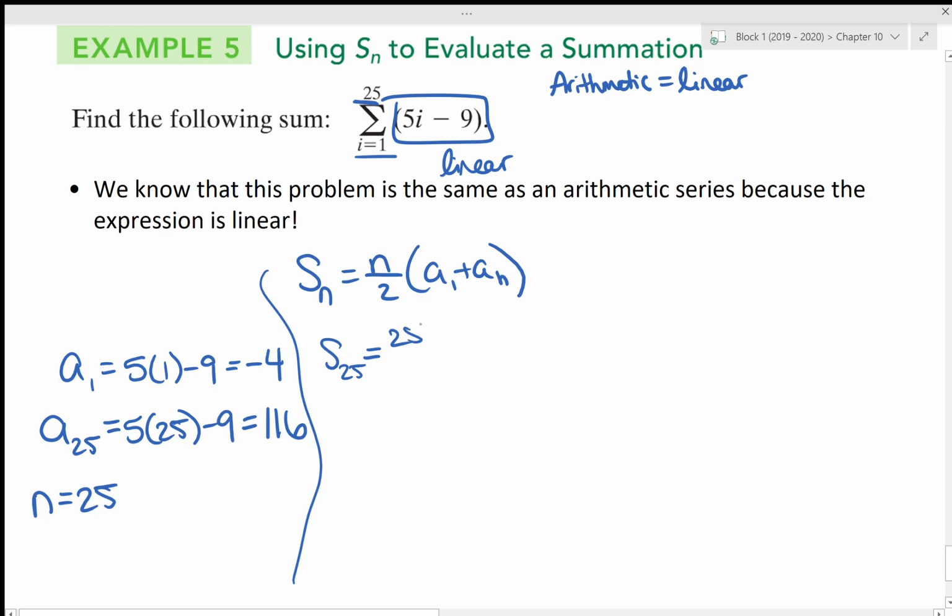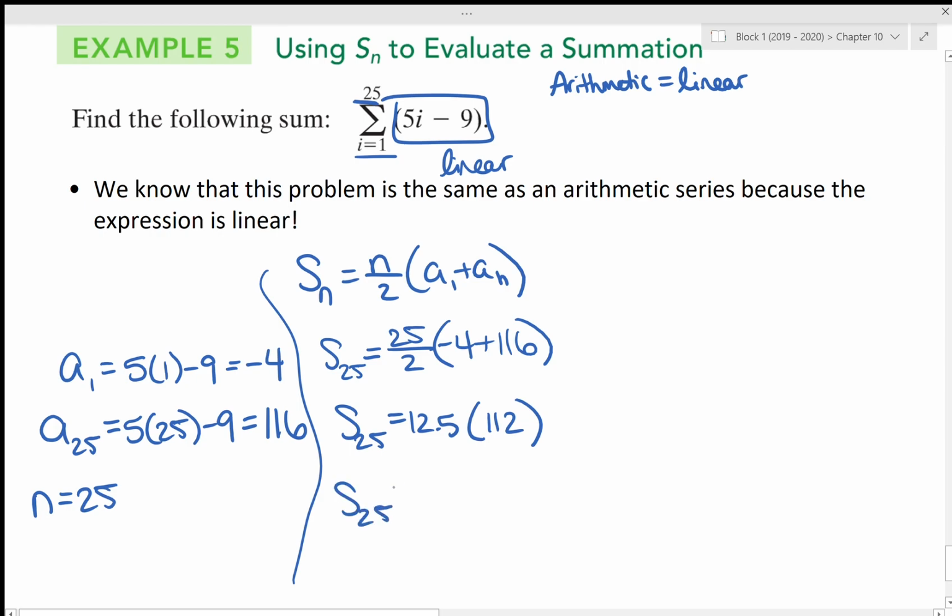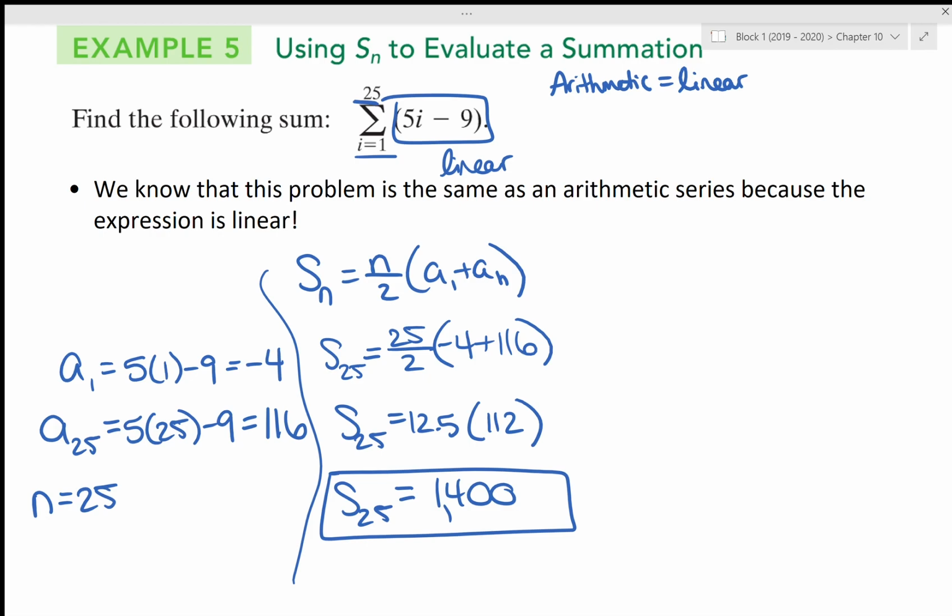I'm going to do 25 cut in half times negative 4 plus 116. So 25 cut in half is 12.5 times 112, and what I will get is a sum of 1,400. So instead of sitting there finding all 25 terms and then adding them all up, you notice it's linear, so use the shortcut of the arithmetic series.